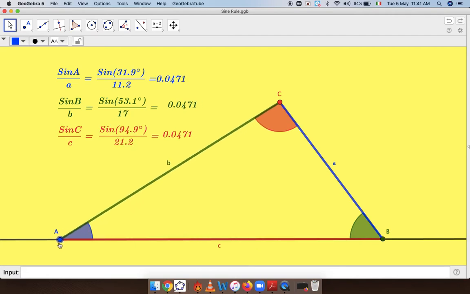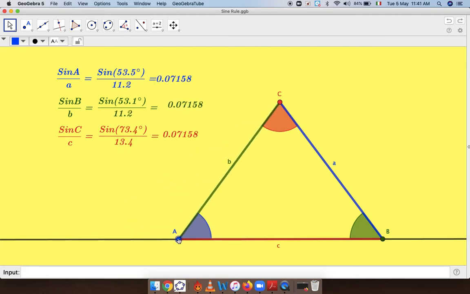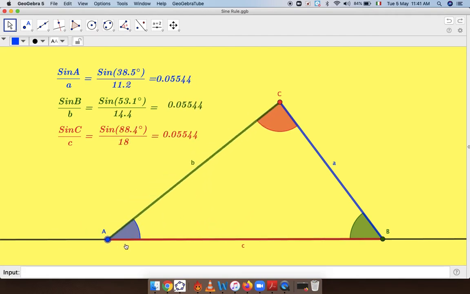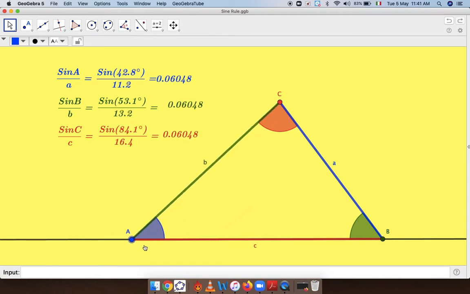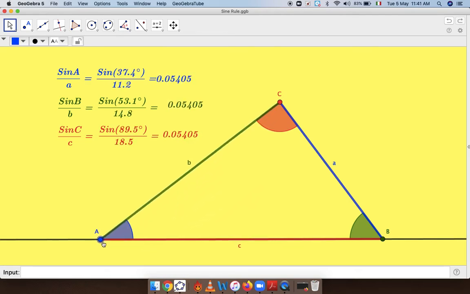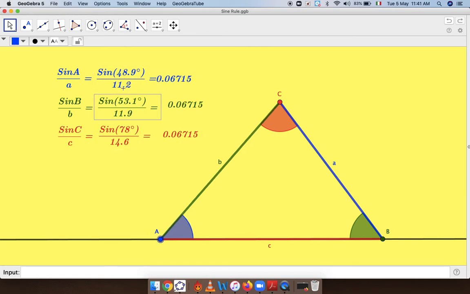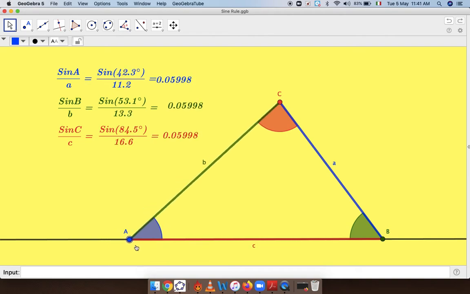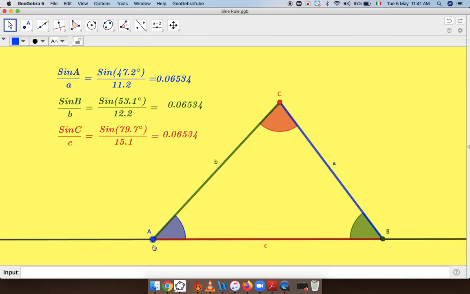So as I slide this vertex around and change the shape of the triangle, I'm changing angle A, and I'm also changing side length b. I can see those are the two that are changing up here in the blue text and the green text.